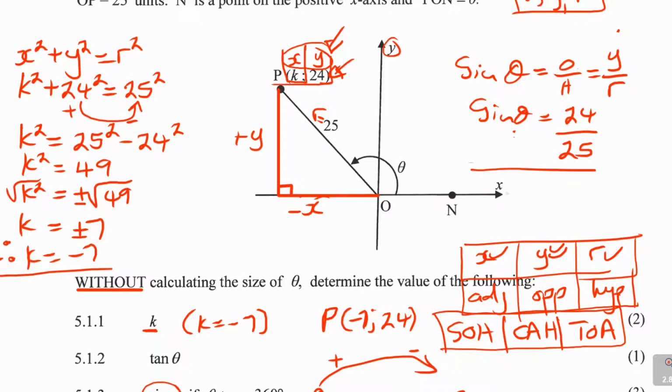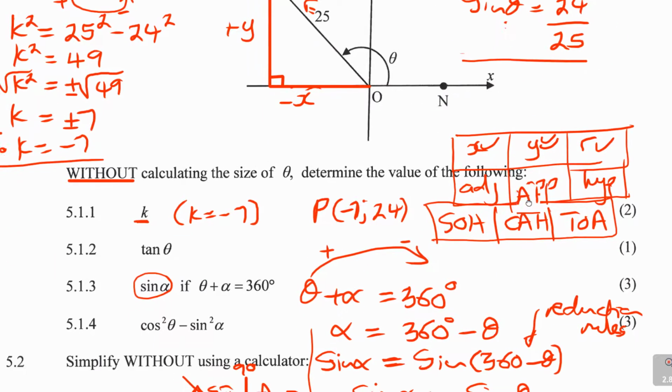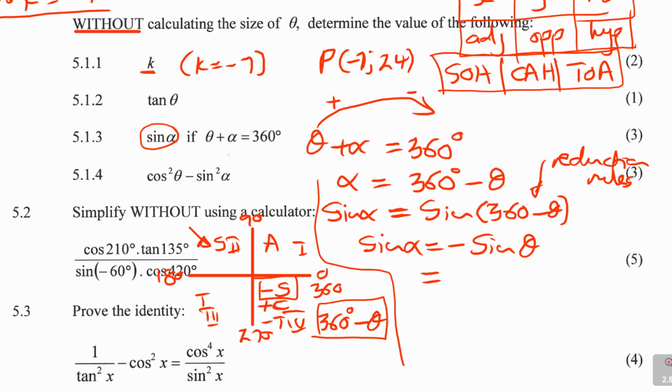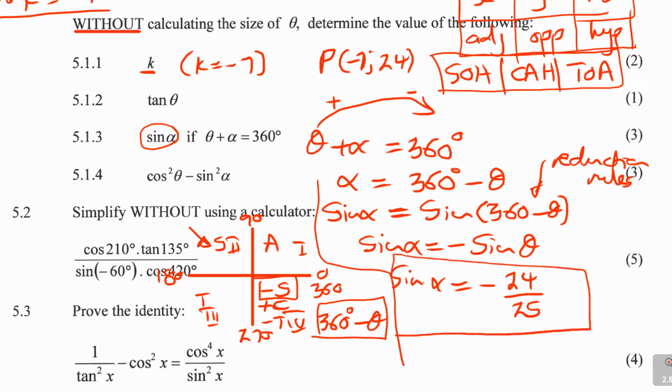What about negative sine theta? It will simply become, when you come back to here, sine alpha equal to negative sine theta, which is negative 24 over 25. Are you seeing this? Okay, so that is how this could have panned out.